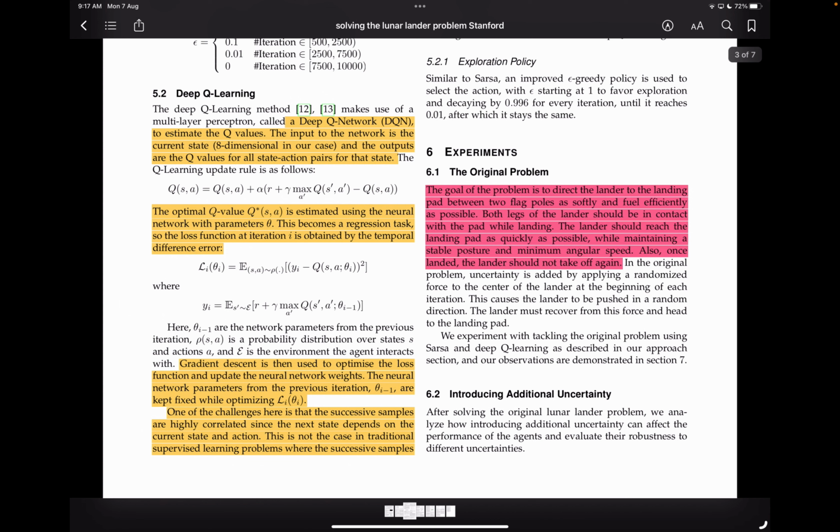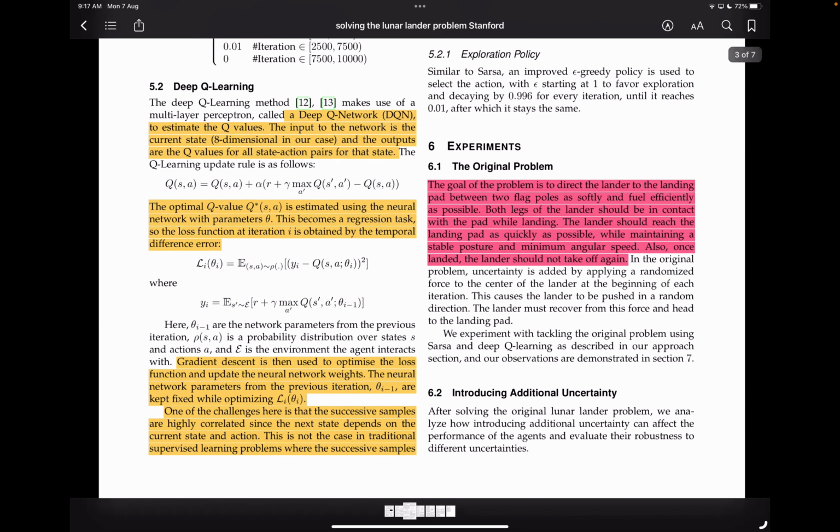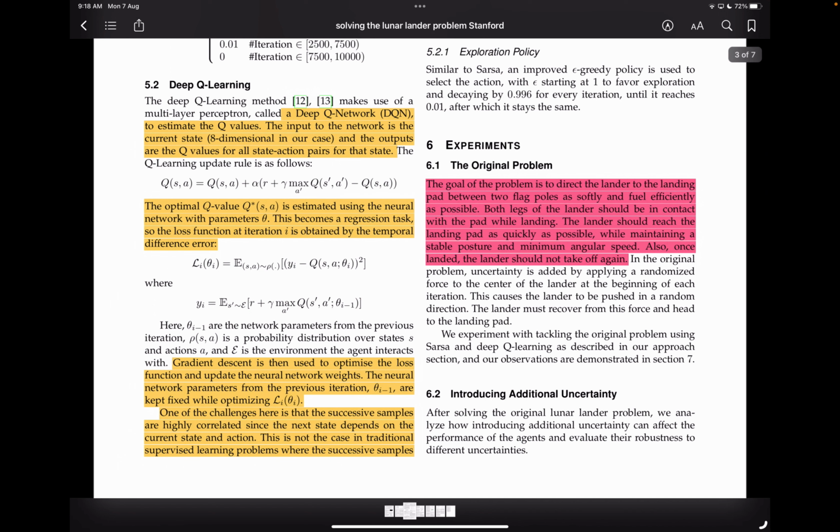Based on that we have a loss function, and of course when we have a loss function we want to minimize it, and the best algorithm to minimize it is gradient descent. So we use gradient descent to optimize the loss function and to update the neural network weights. The neural network parameters from the previous iteration, theta i minus 1, are kept fixed while optimizing L_i of theta i, right?